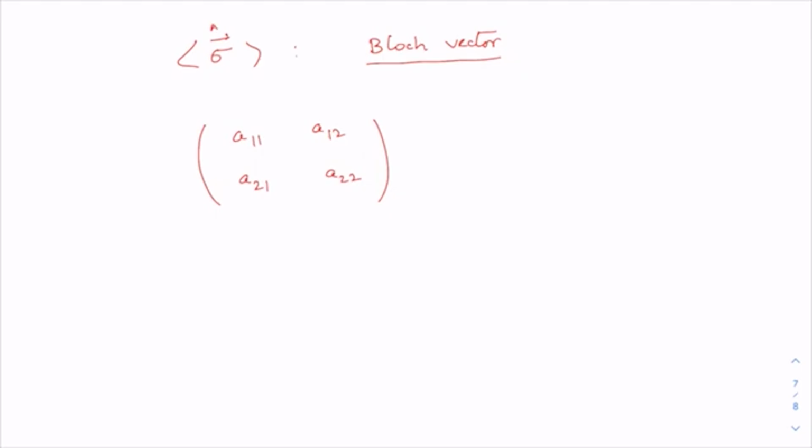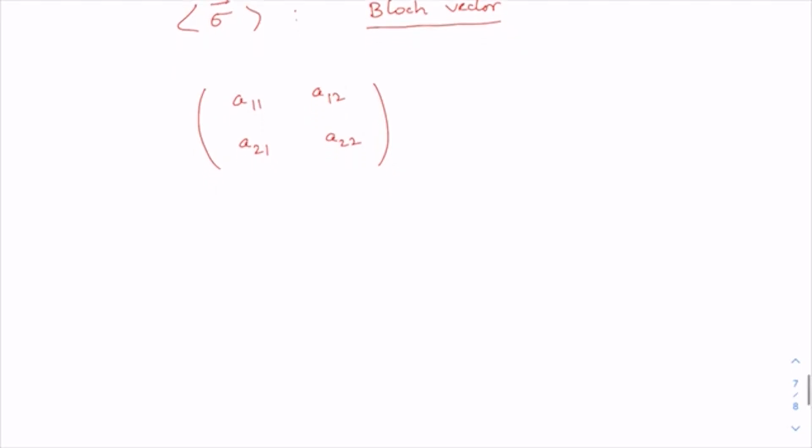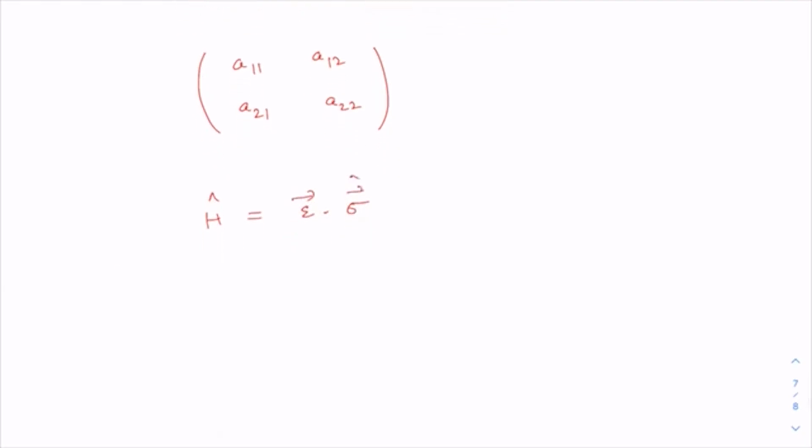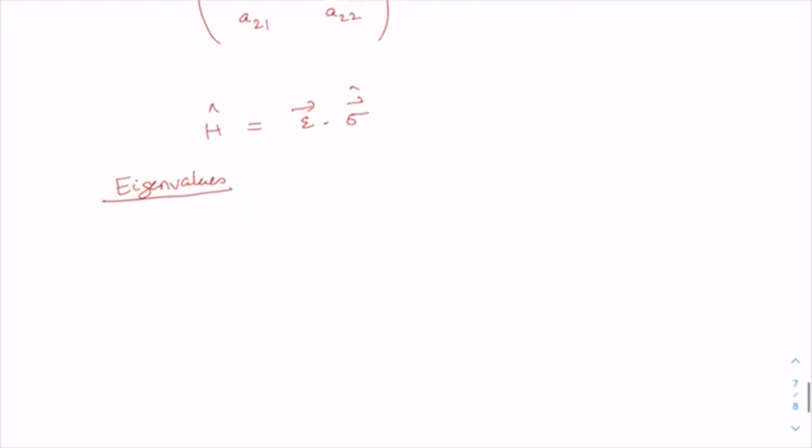Now let us work out the eigenvalues and eigenvectors of our two-state system, which is H is equal to epsilon dot sigma vector. Let us work out the eigenvalues of this Hamiltonian. Before that, let me consider a simple case where, say, the epsilon vector has only a z component.